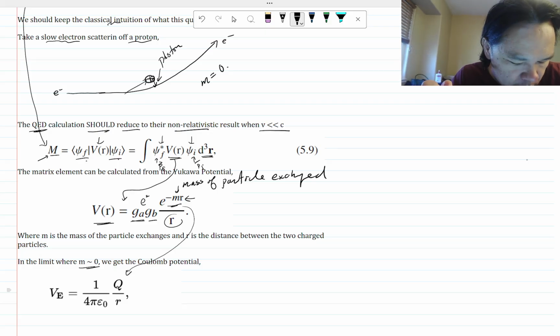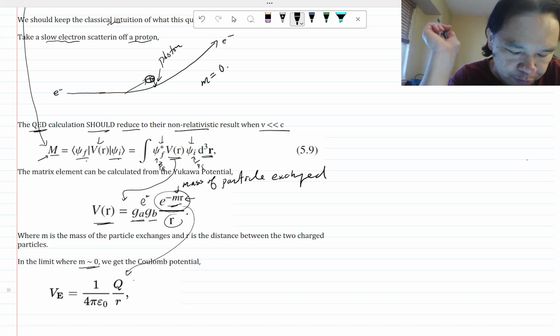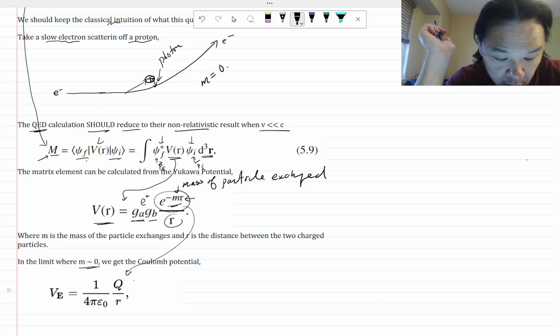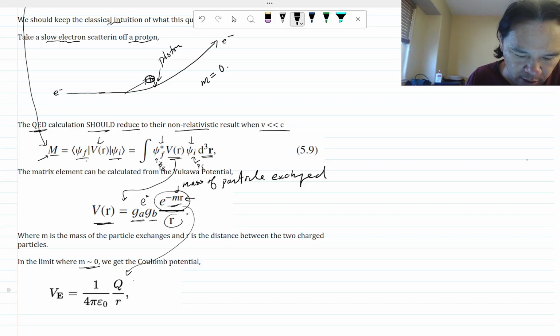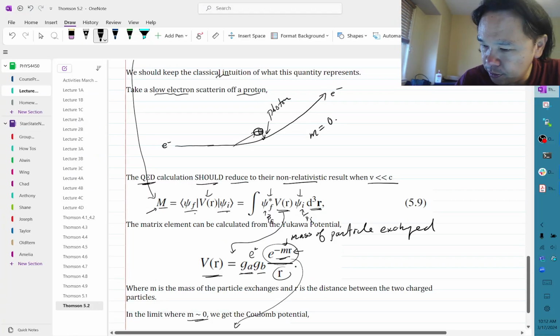So maybe we'll do that in the live session tomorrow, where you plug in m equal to 0, and then you'll see that it reduces to the Coulomb potential.